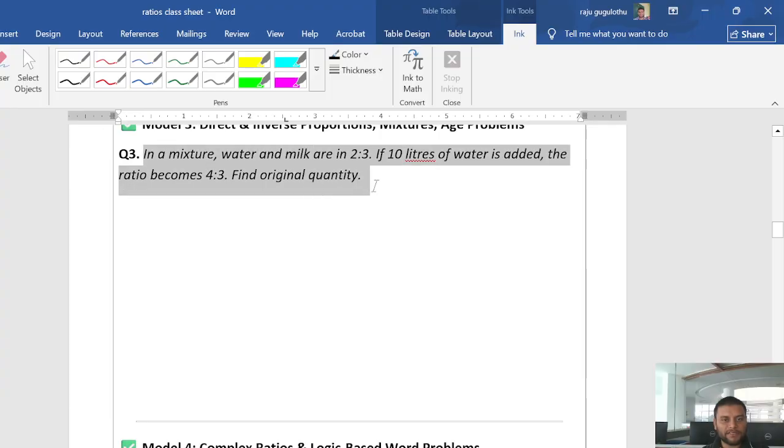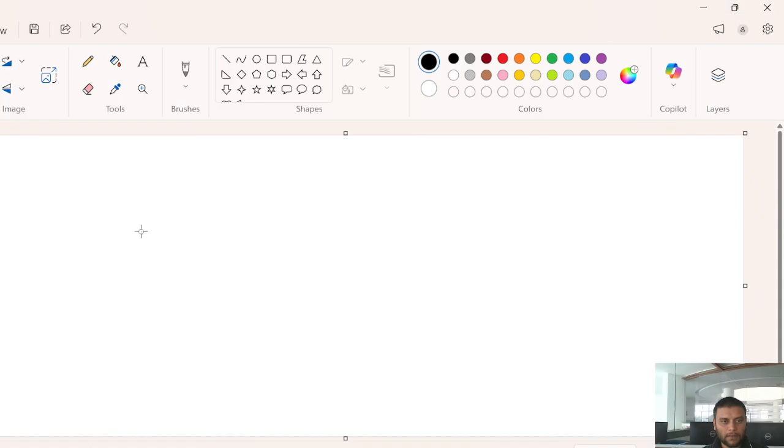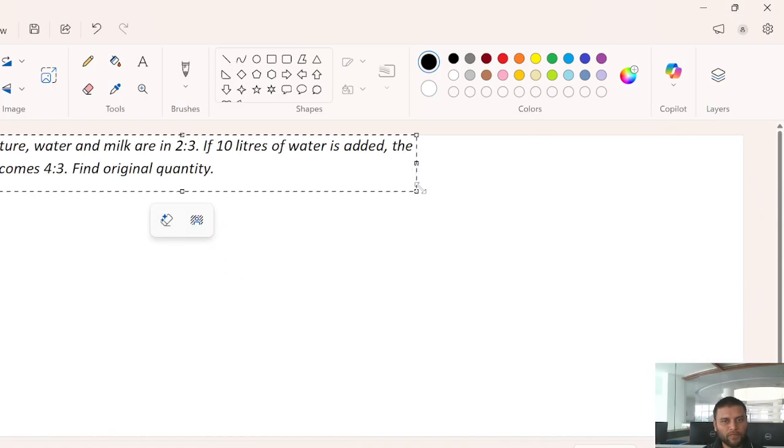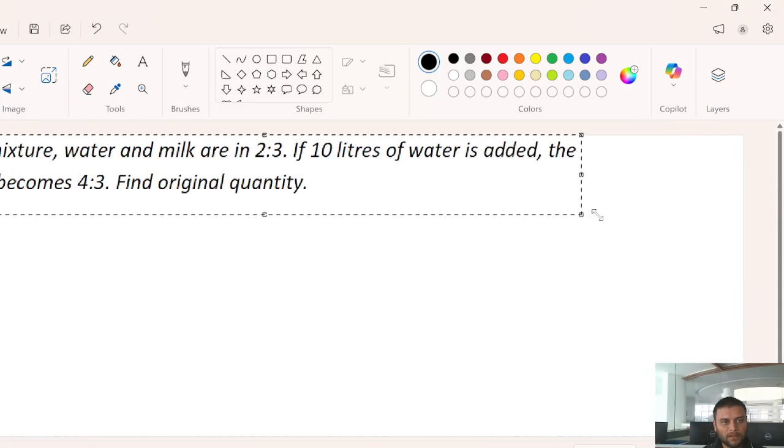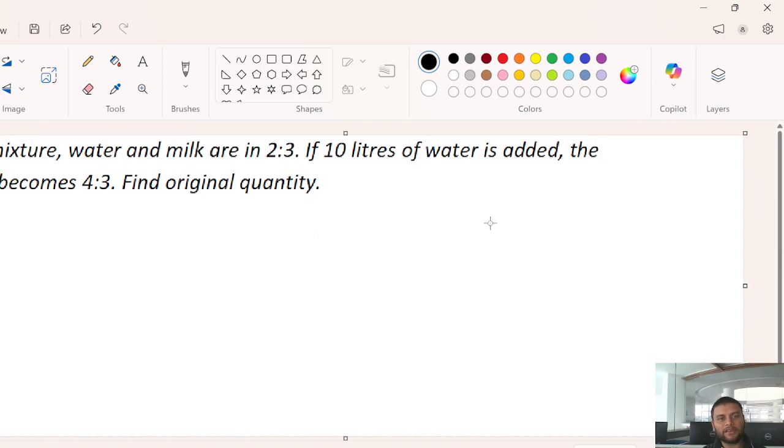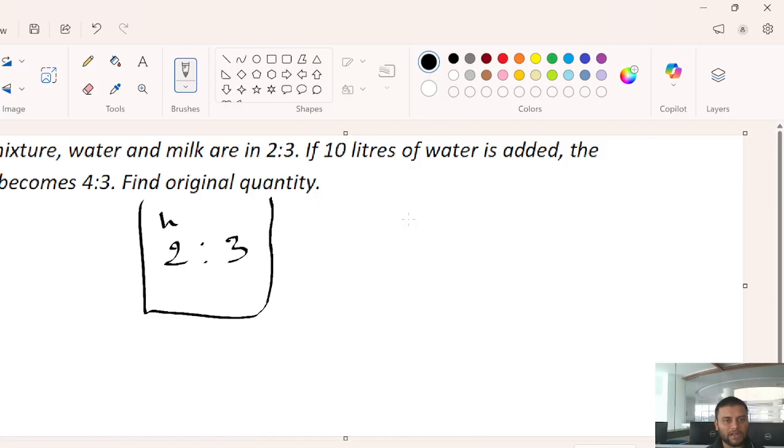Okay, let us go to one more question, guys. This question says, in a mixture, water and milk are in the ratio 2 is to 3. So let us note, guys. Let us say there is a jar with this mixture. Water and milk are in the ratio 2 is to 3.